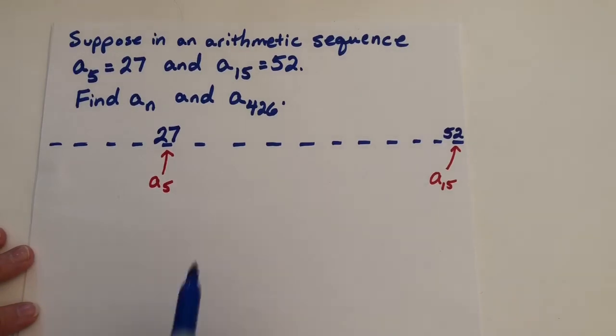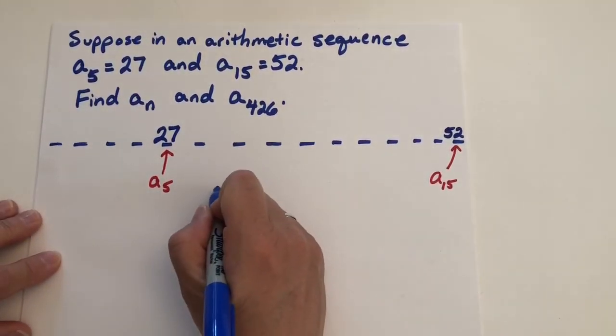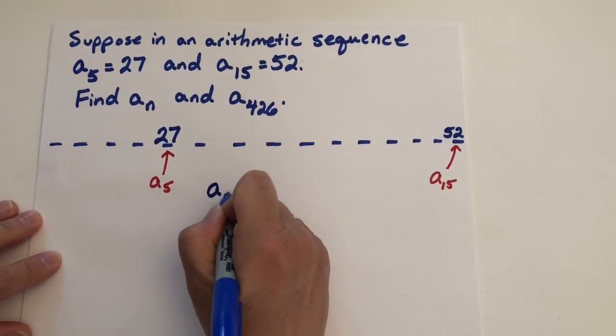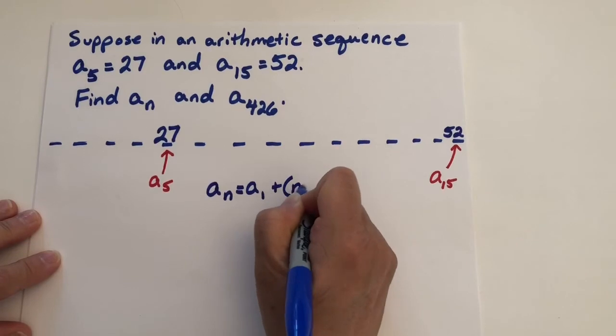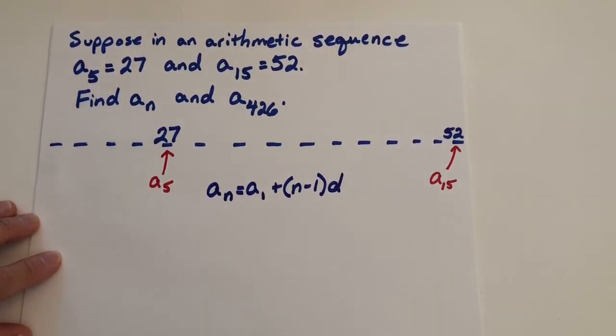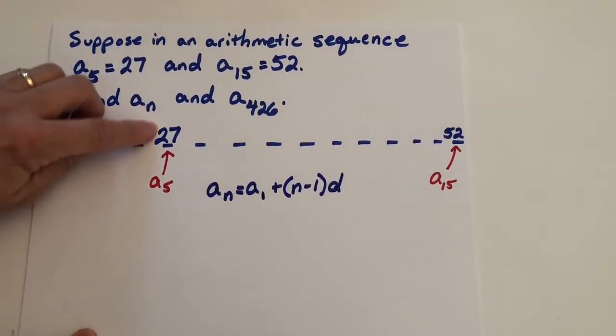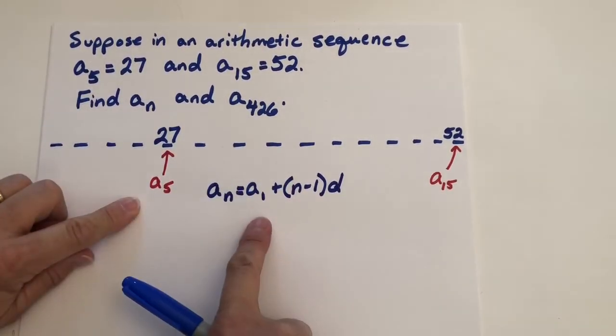Well, keep in mind, since it's arithmetic, we know this will hold for the sequence. The nth term is equal to the first term plus n minus 1 times d. So let's write an equation that uses this information with this formula.